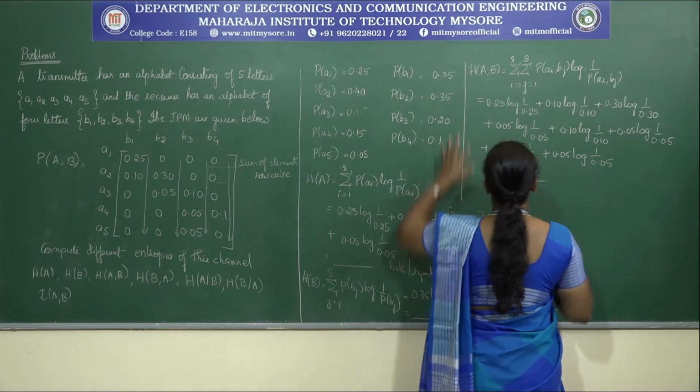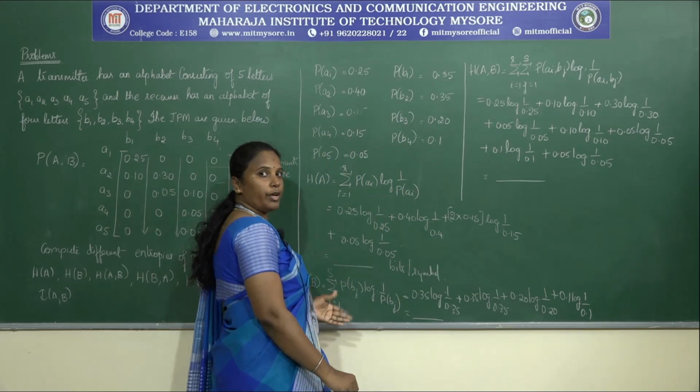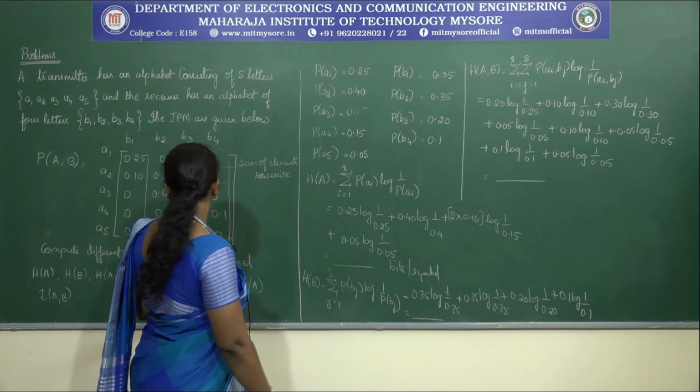If you calculate the value of this, you will get your joint entropy, that is H of A comma B.